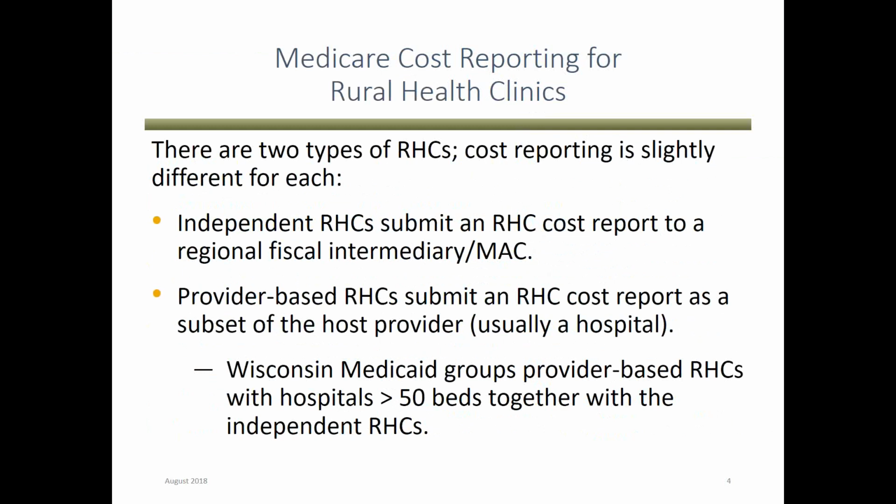There are 2 different types of rural health clinics for cost reporting purposes, and the cost reporting is slightly different for each type. Independent rural health clinics, which are generally owned and operated by private physicians or physician groups, must submit a rural health clinic cost report to a regional fiscal intermediary or a Medicare administrative contractor.